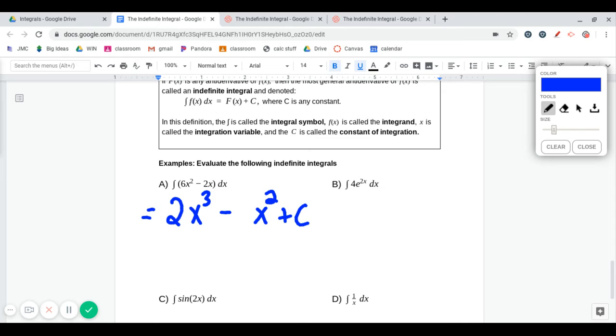Part B. Remember with derivatives, you can pull out constants. You can do the same for integrals. So this is equal to 4 times the integral of e to the 2x. The integral of e to the anything is still e to the anything.